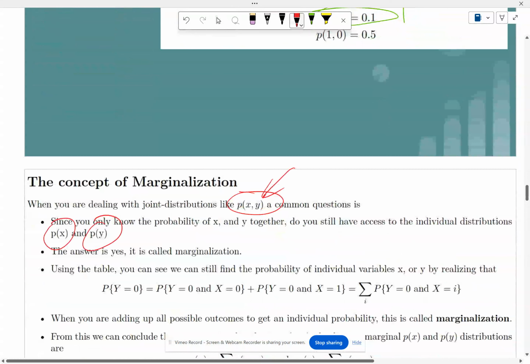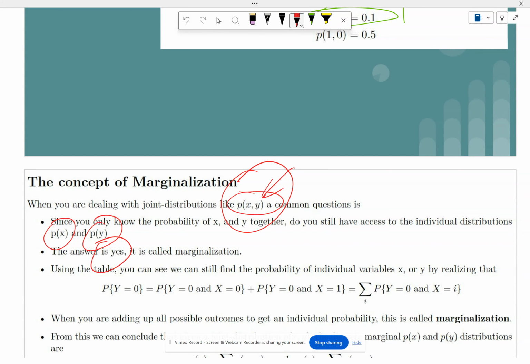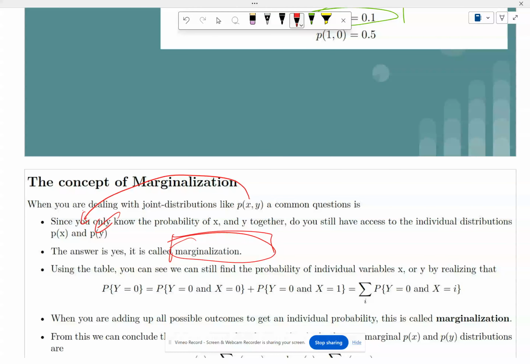And the answer is yes. Having this implies that you have both of them. The question is, how do we go from here to either one of them? This process is called marginalization.